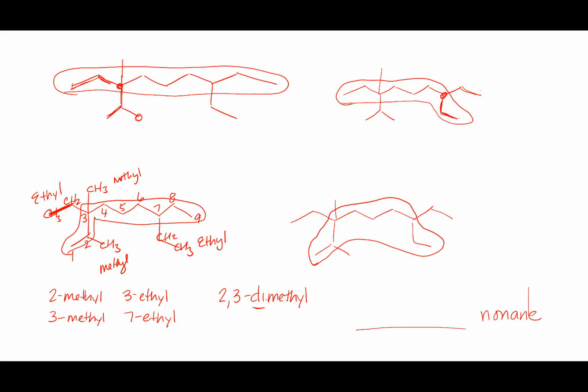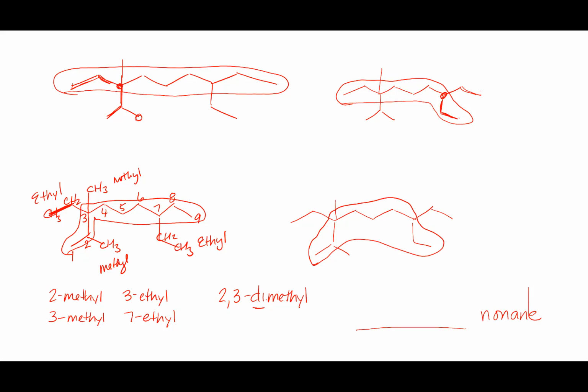The prefix that comes in front of the methyl is di, tri, tetra, penta, hexa, hepta. Not septa. Hepta, octa, nona, deca. After that, that's too many. So that tells us that there are 2 methyls at carbons 2 and 3.